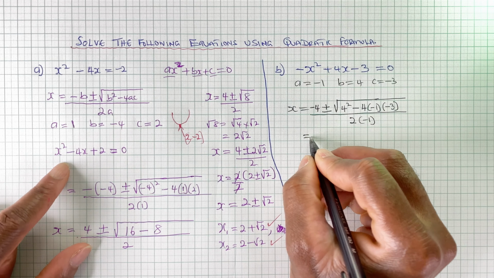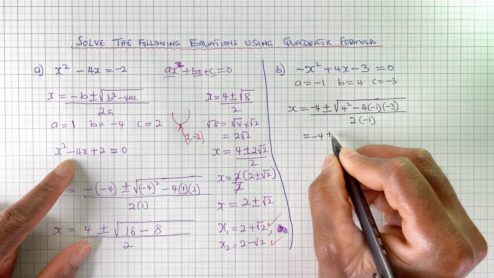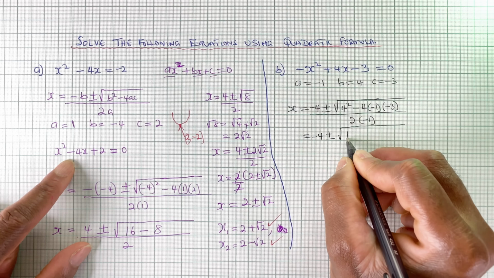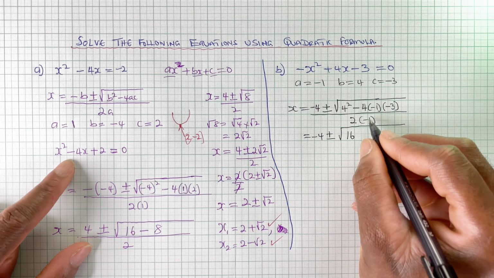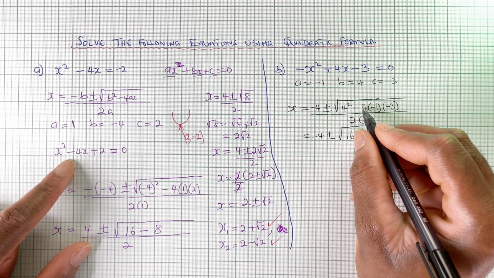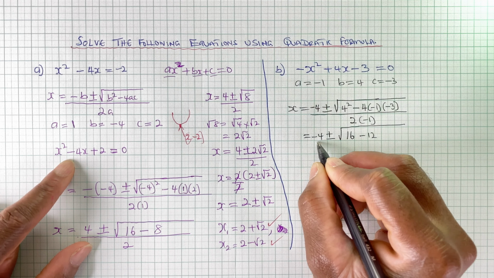So here you can go minus 4 plus or minus square root of 16. Now, minus 4 times minus 1 is plus 4. Plus 4 times minus 3 is minus 12, over 2 times minus 1, minus 2.